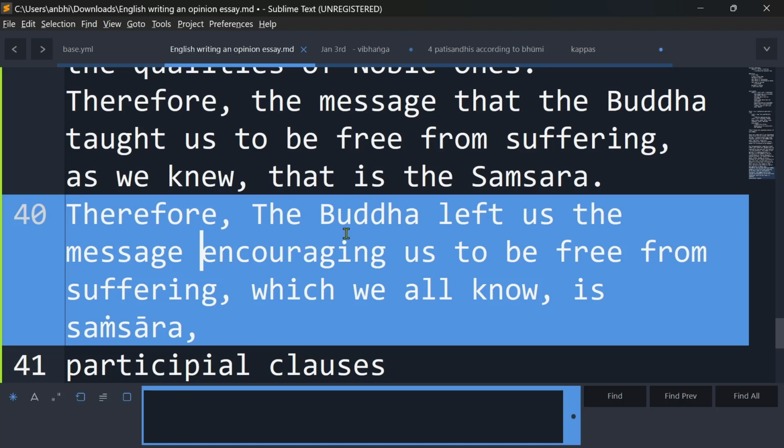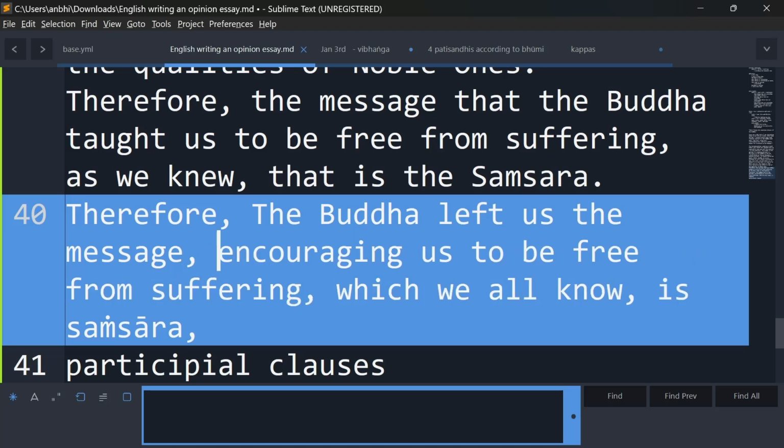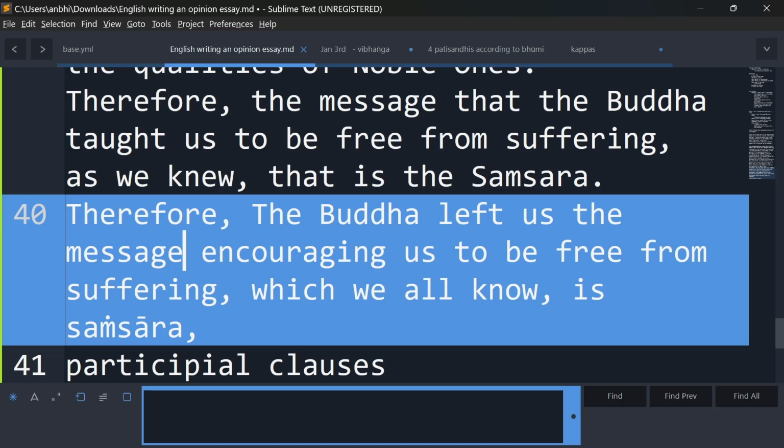You're talking more about the message, not about the Buddha. But you could also interpret it as being done by the Buddha. The Buddha left us the message, and by doing that, he was encouraging us to be free from suffering.